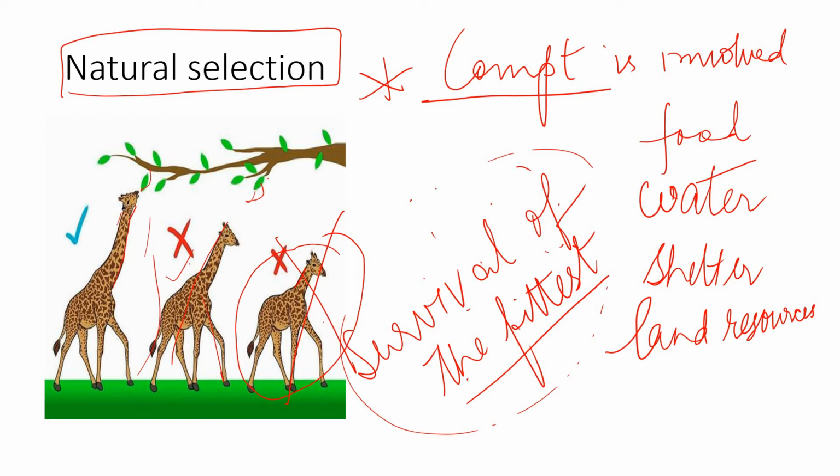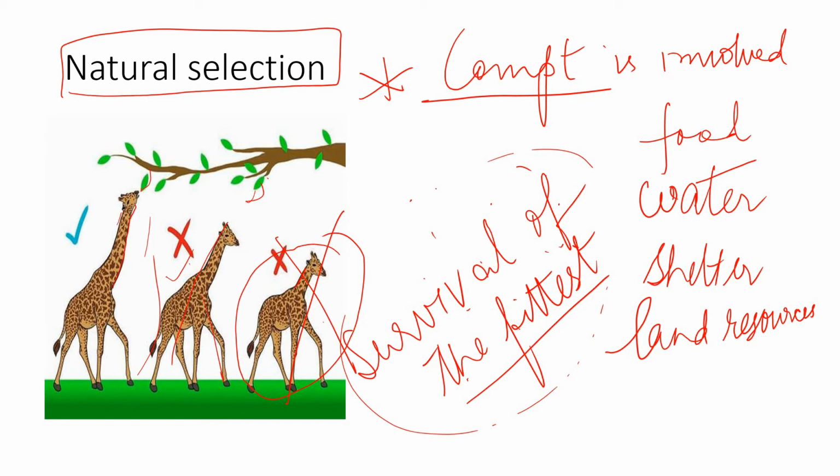Maybe 5 of them will survive and 1 may die. Why does that one puppy die? Because that puppy was not better adapted to the environment, was not able to compete with the environment or with its siblings. Understood? And this is natural selection.